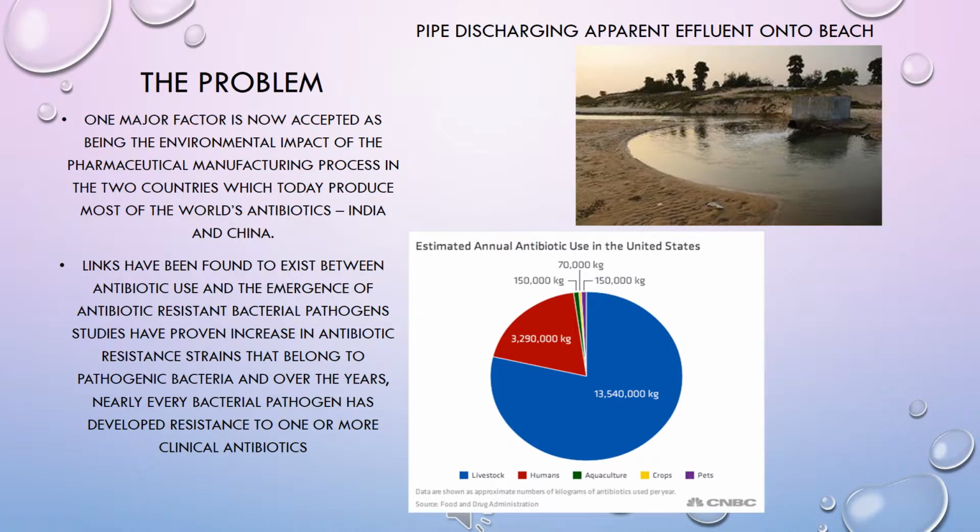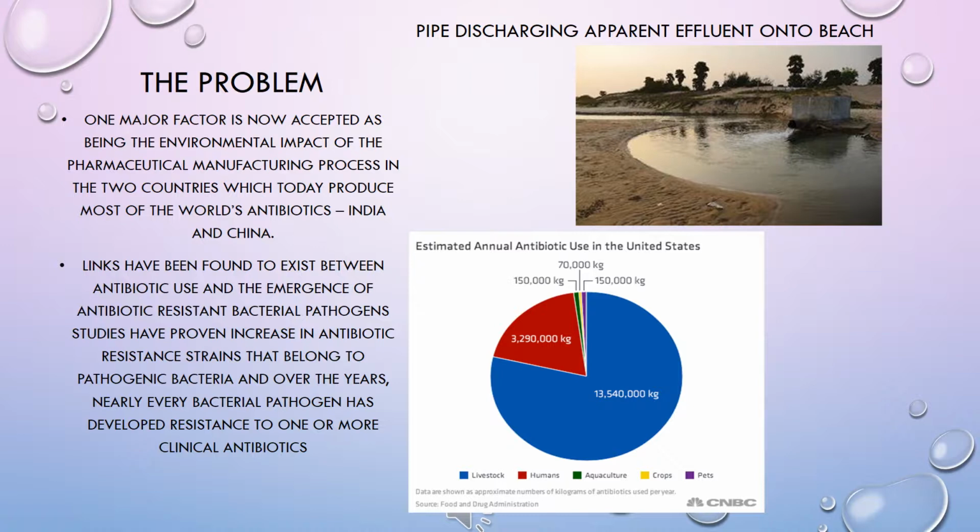The problem. One of the major factors now being accepted is the environmental impact of pharmaceutical manufacturing processes, attributed to two countries, India and China, which produce the world's most antibiotics. Links have been found between antibiotic use and the emergence of antibiotic resistance.